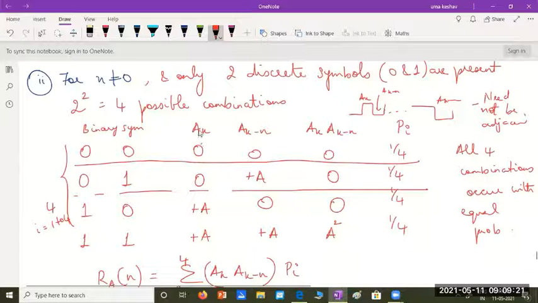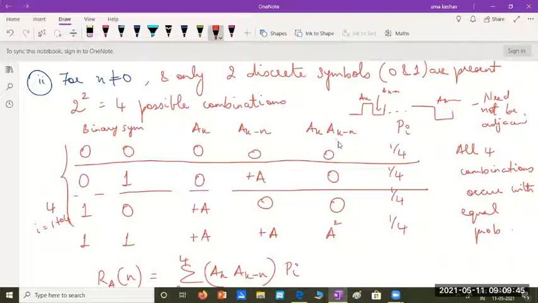If I substitute the values of the amplitudes AK, we know that when the symbol is 0 in unipolar NRZ, the amplitude is 0. Whenever the symbol is 1, the amplitude is plus A.